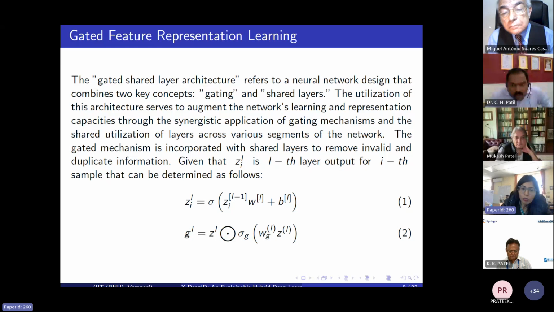Here, this formula gives the output of the LS layer, by giving the input of the ith sample, and it can be determined as follows. This is the weight value, this is the previous layer output value, added to the LS layer bias term, and we have used a sigmoid function for this.